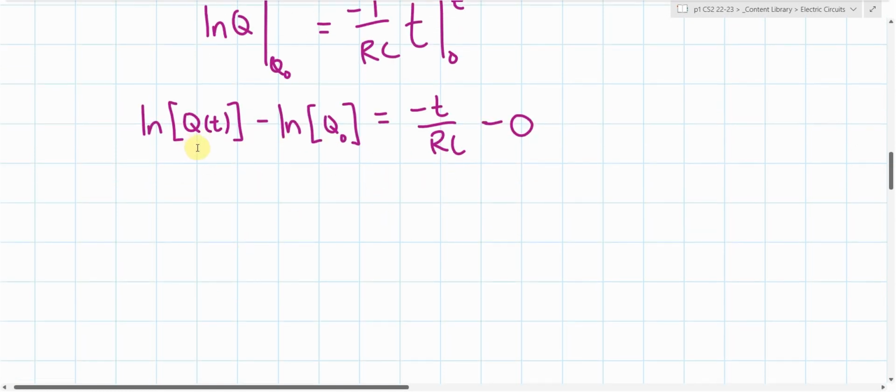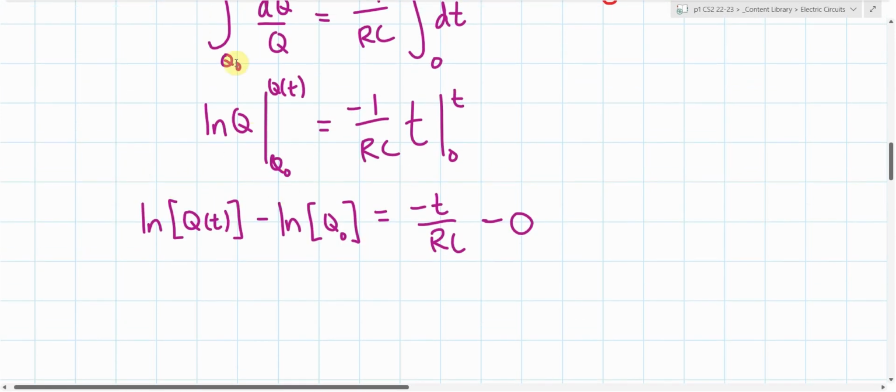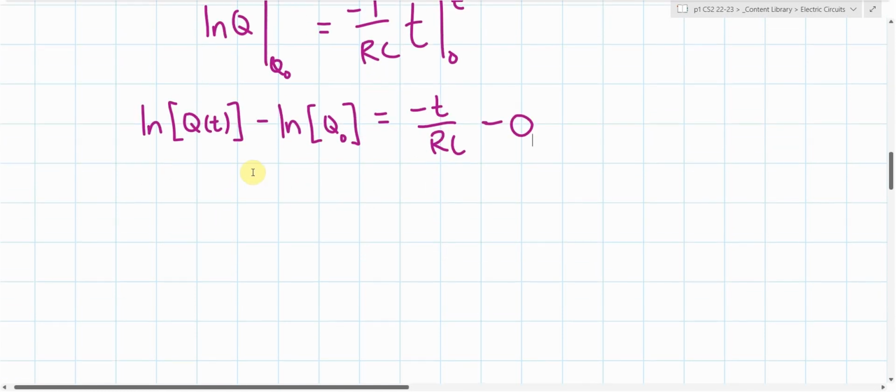Whenever you see a natural log, especially when it's a subtraction like this, because that's always what happens when you evaluate integrals that are natural logs, you end up with the subtraction of the limits. You always want to try to put them together.